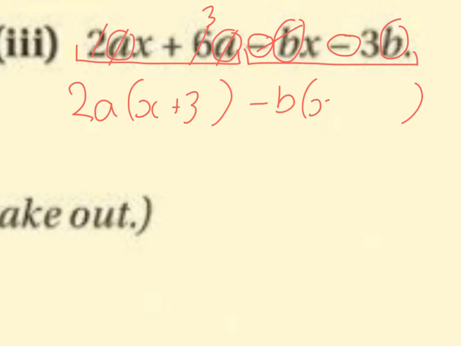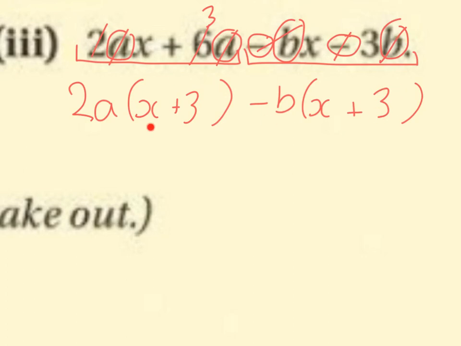So that goes inside my bracket. And then minus b and minus b will cancel, leaving me with 3, positive 3. So that goes inside my bracket. So minus b divides into minus bx and leaves me with x. Minus b divides into minus 3b and leaves me with 3.